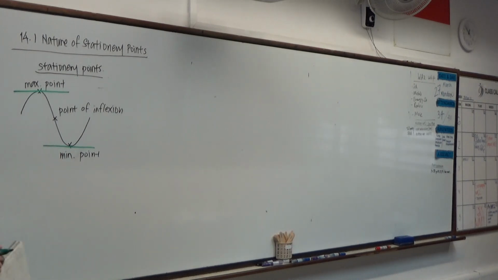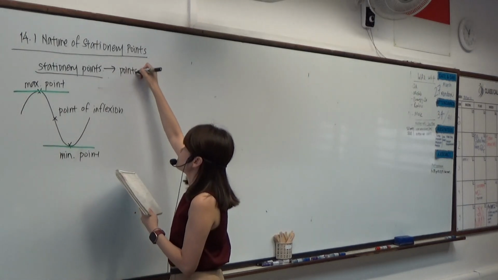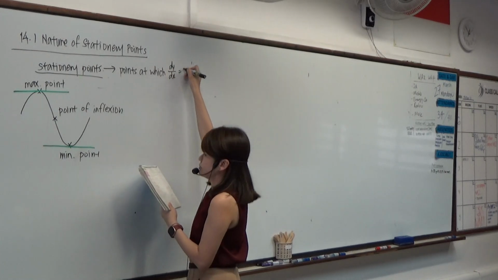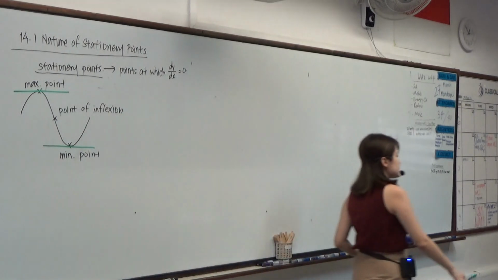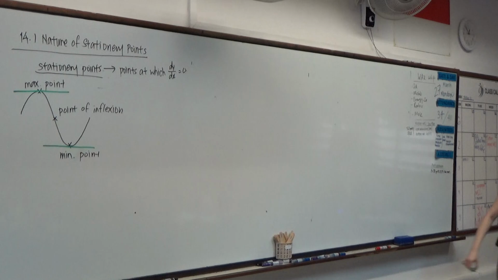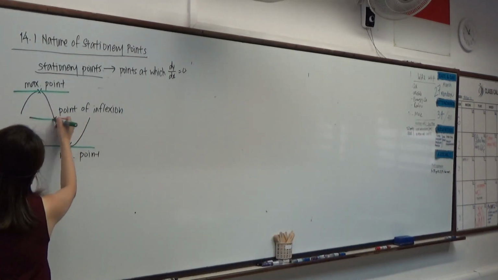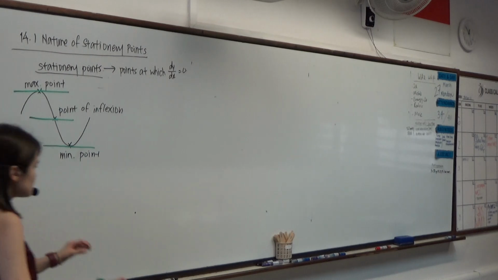That means dy over dx is equal to 0. Very rarely will we talk about tangents at a point of inflection, but strictly speaking, the tangent there also has a gradient of 0.